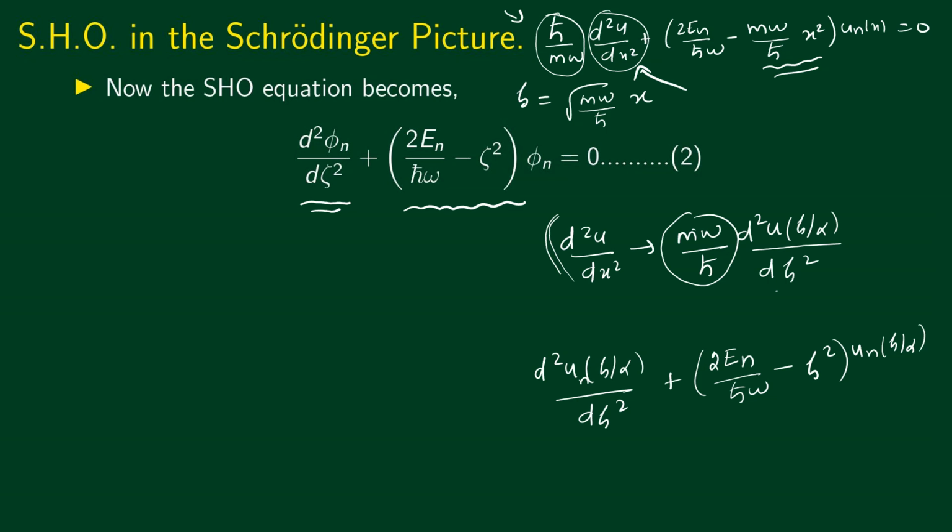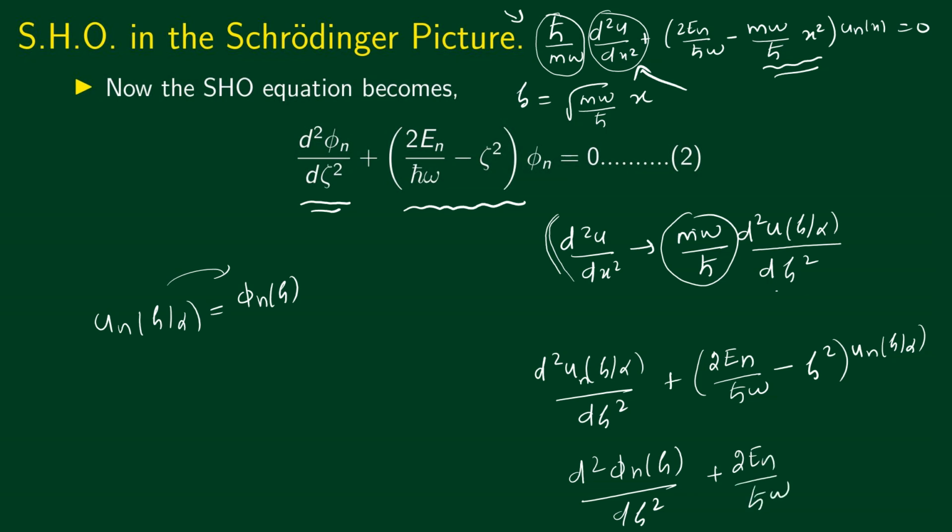This function un of zeta by alpha can be written as a function of zeta. It will be some other function, not the exact same function as un. So let's denote this as phi n of zeta. So this equation becomes d square phi n of zeta by d zeta square plus 2en by h bar omega minus zeta square phi n of zeta is equal to 0.